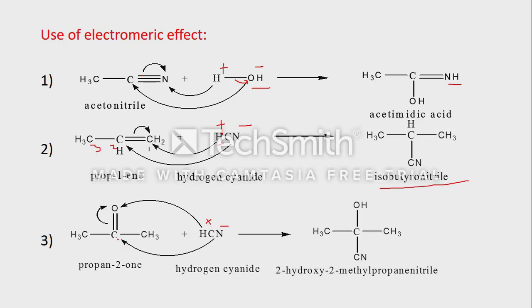The positive carbon takes up CN, producing the product 2-hydroxy 2-methyl propanenitrile.